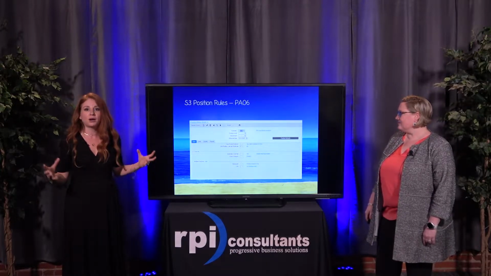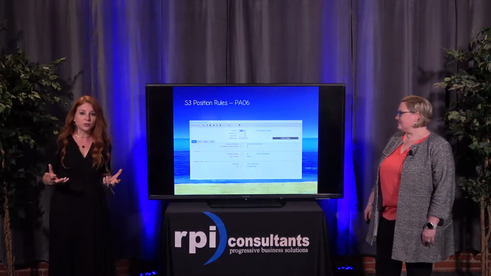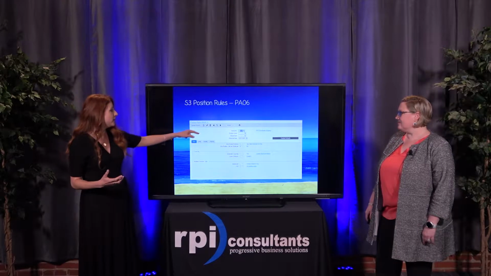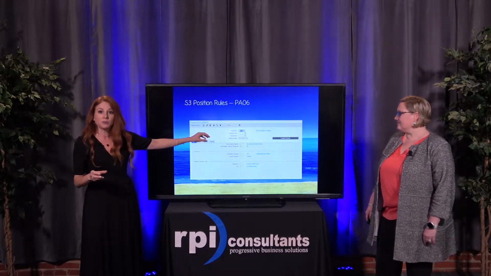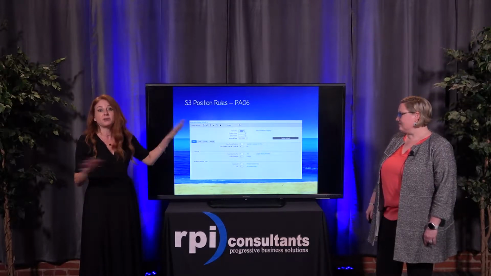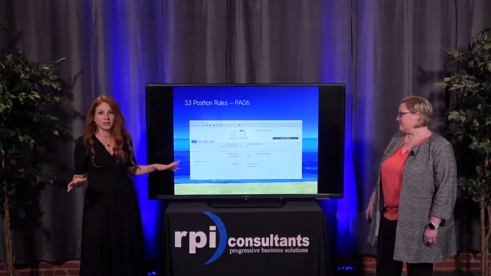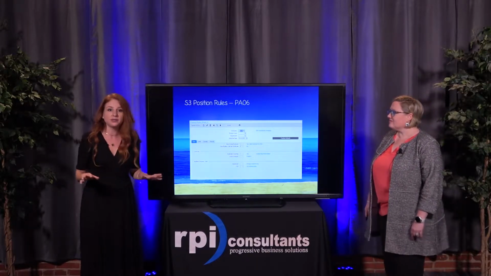Maybe there are a bunch of affiliates that run kind of on their own, but they're rolled up under one company. You can have position budgeting rules for one organization or one process level or even just one department in your organization, and everybody else can go without any budgeting or any control. So it's not all or nothing, just be aware of that.